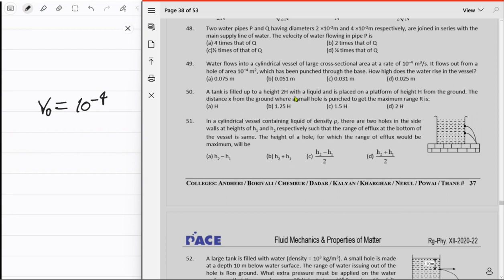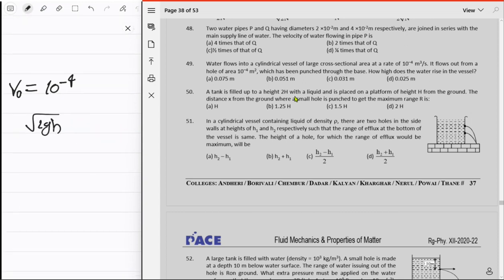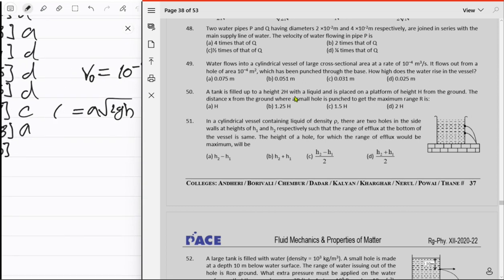Oh, you just want the h value. So just do the same thing, square root of 2gh times the area.